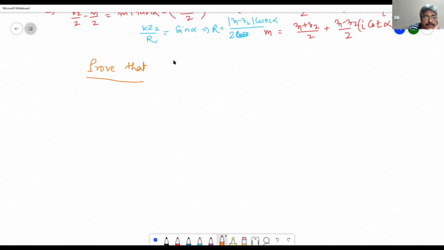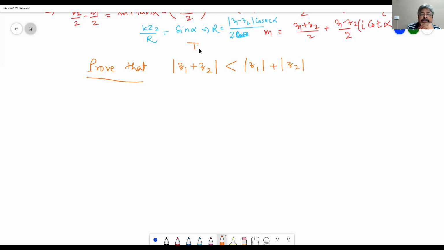Absolute value of Z1 plus Z2 is always going to be less than or equal to... And equality we will find out. So we will try to prove it as a strict inequality, and we will keep watch on equality later on. Absolute value of Z1 plus absolute value of Z2.